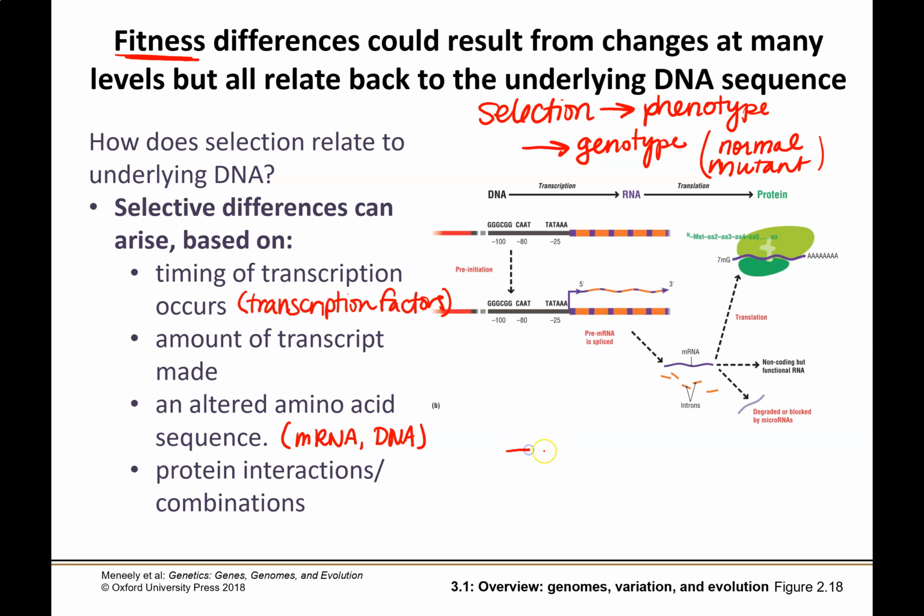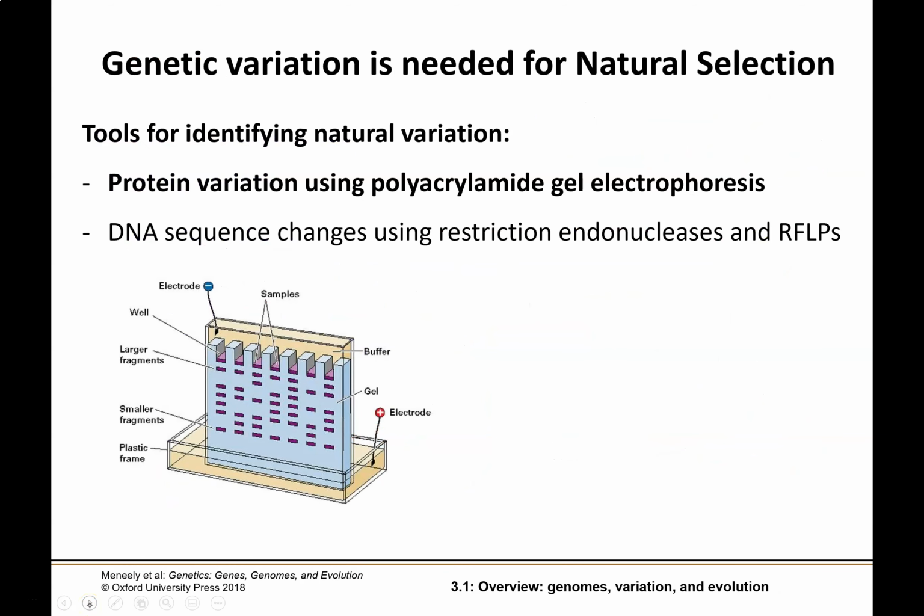And then, of course, you can simply have a mutation or a change in DNA. So if you have a different genotype for a particular gene in two different individuals, you are going to get a phenotype that differs. And really, those mutations can affect any of these differences in expression.